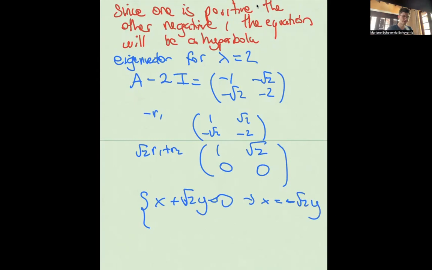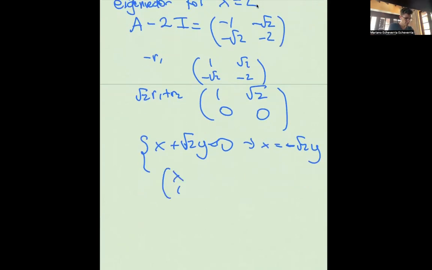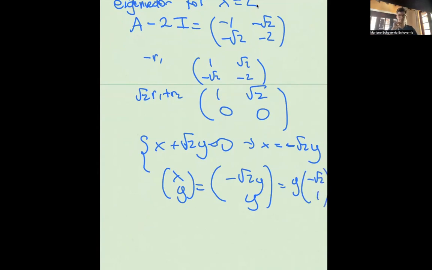So what is the eigenvector here? It's (x, y) equals (minus root of 2 y, y), so the eigenvector is y times (minus root of 2, 1).